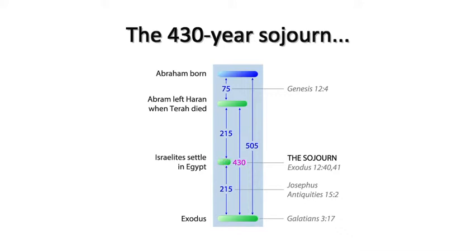Logically, this time of sojourning of God's people in a foreign land started when Abraham left his homeland and entered Canaan when he was 75. A deduction often made from Exodus 12:40 is that the total time spent in Egypt alone was 430 years, but it does not say that.